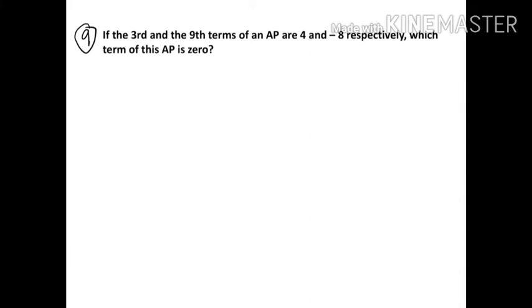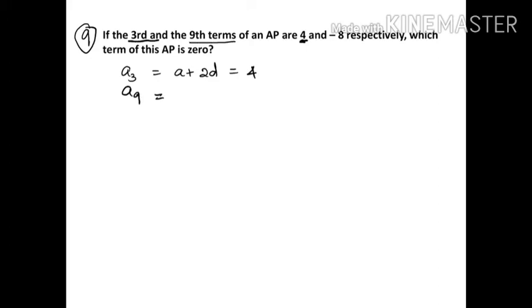Question number 9 of the same exercise. If the third and the ninth term of an AP are 4 and minus 8, the third term is written as a3, which is equal to a + 2d, and that is equal to 4. Likewise, the ninth term is minus 8.